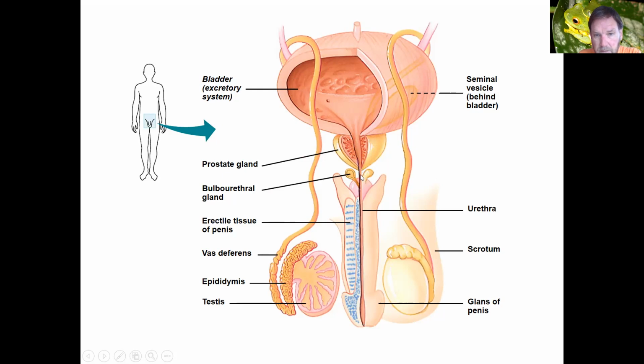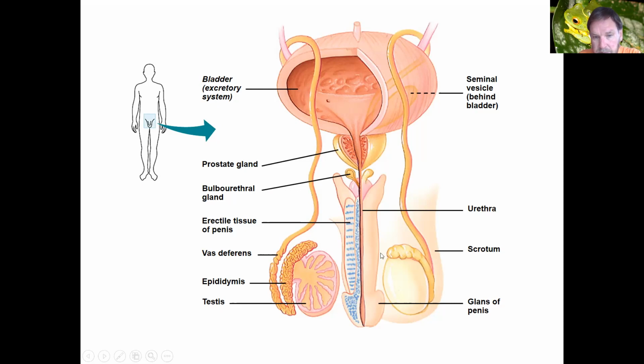that will be used along with sperm, which are produced in the testes, stored in the epididymis. You have two tracks that come and move the sperm together with the semen produced here and a lubricating fluid in the bulbourethral gland to be ejaculated out through the penis.